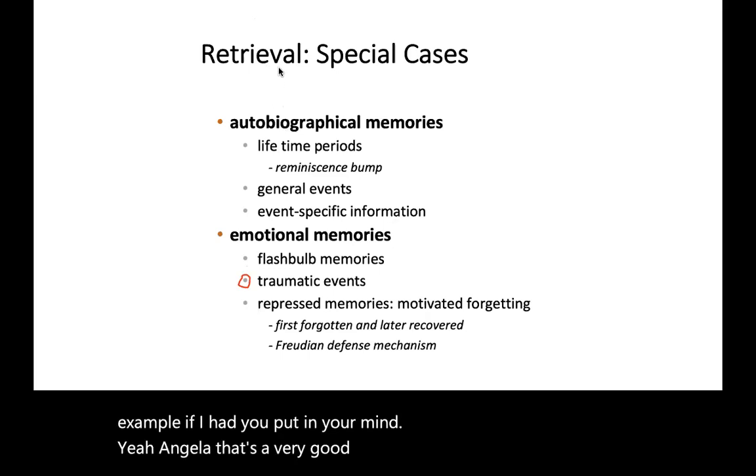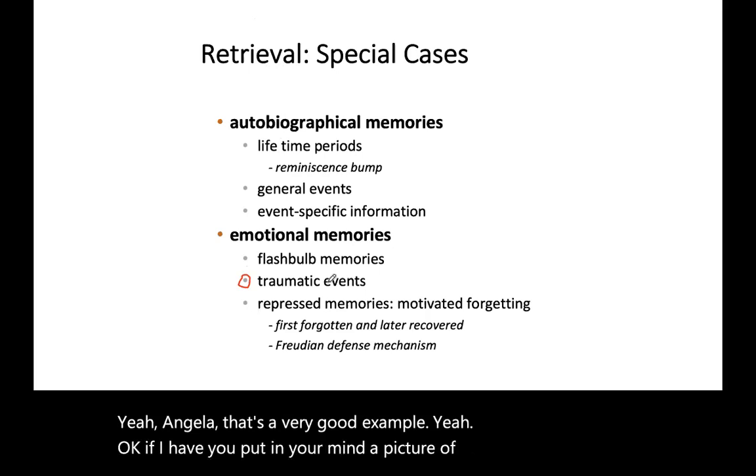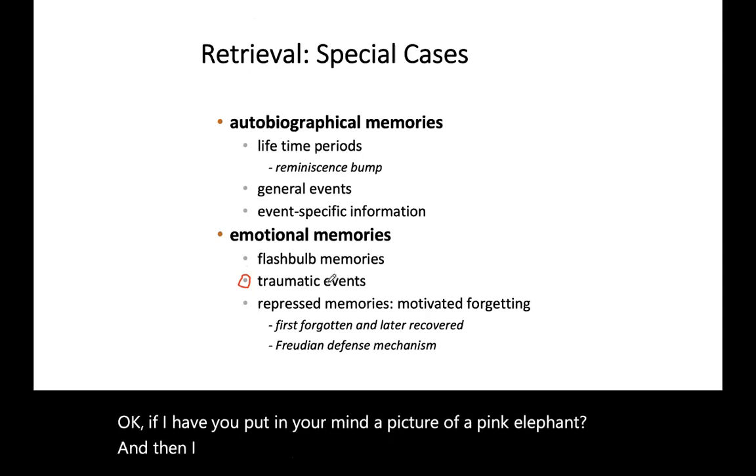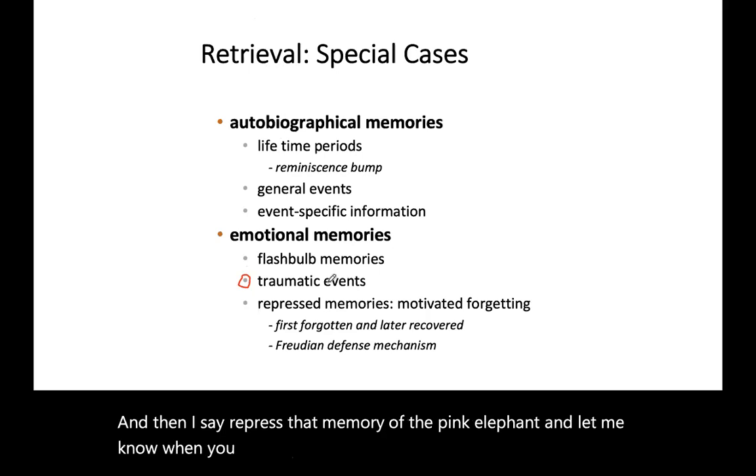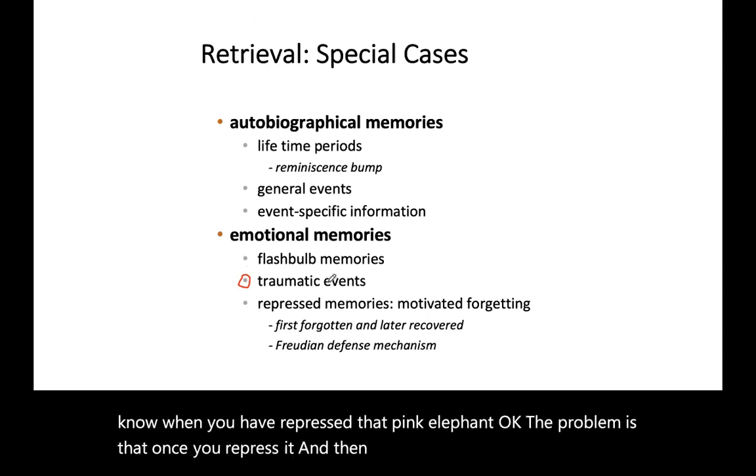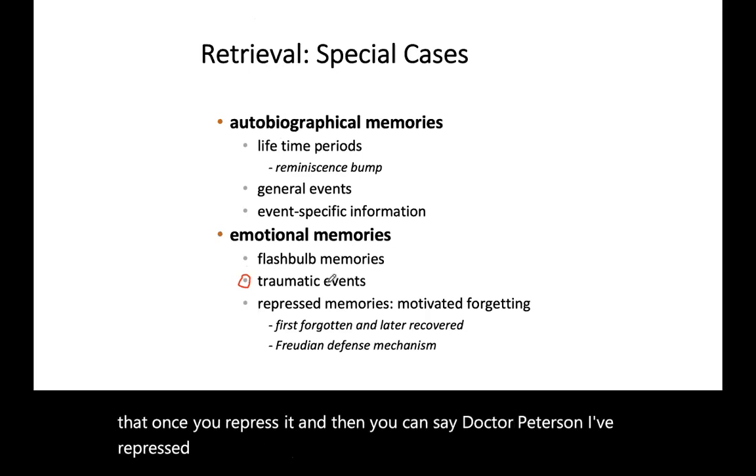Okay. If I have you put in your mind a picture of a pink elephant, and then I say, repress that memory of the pink elephant, and let me know when you have repressed that pink elephant, okay? The problem is that once you repress it, and then you can say, Dr. Peterson, I've repressed it, I don't remember it. Guess what? You're remembering it.